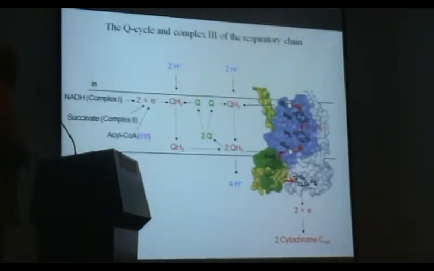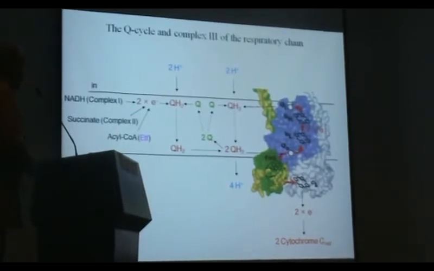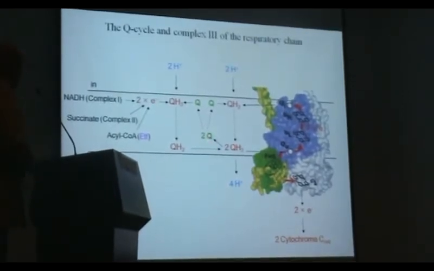You see here that it is the same as shown before, but now the quinone is oxidized at the outer Q side, the QO side, in complex 3 of the respiratory chain, and thereby 1 electron goes to the iron sulfur cluster and then further to cytochrome c.